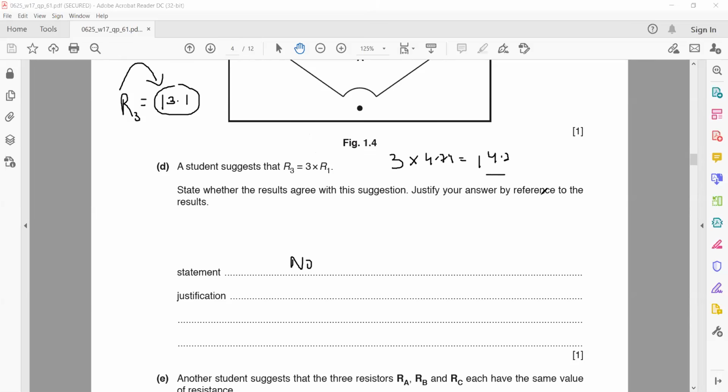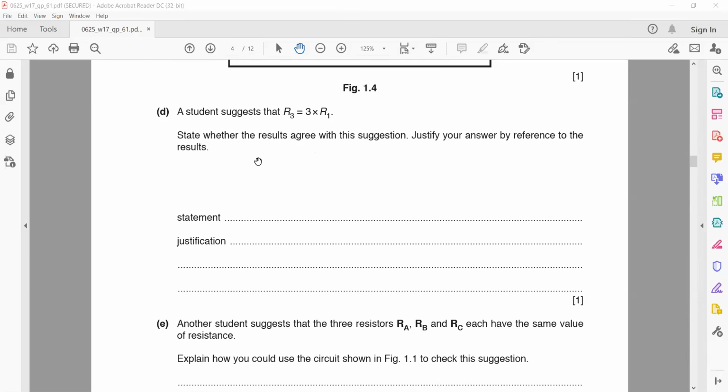It's a 1 mark question, but there's also another way to compare the two values, and that is called the percentage difference. Whenever we are comparing two values, we compare the percentage difference. Percentage difference is maximum minus minimum, divided by the mean, times 100.